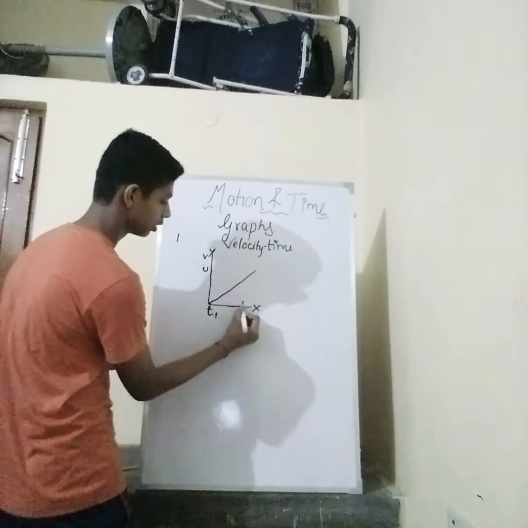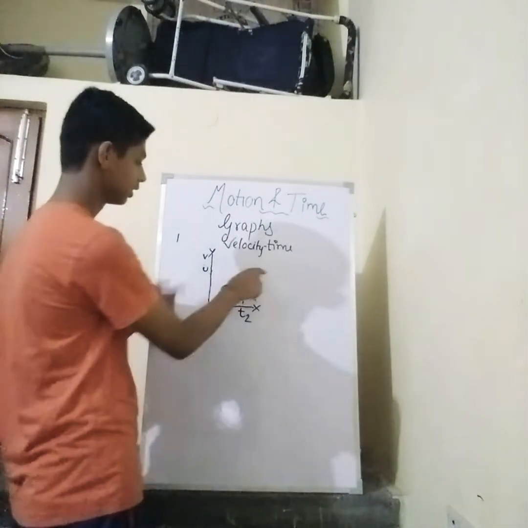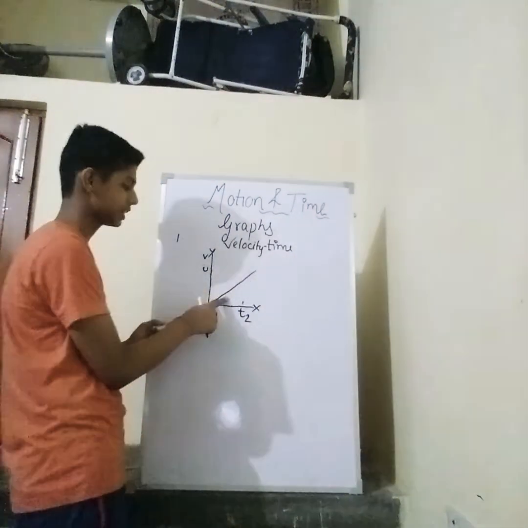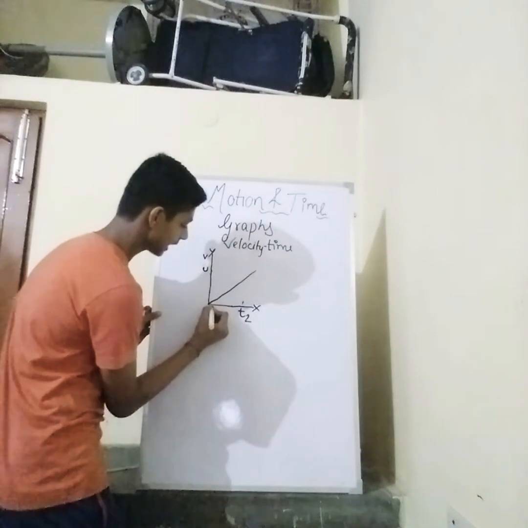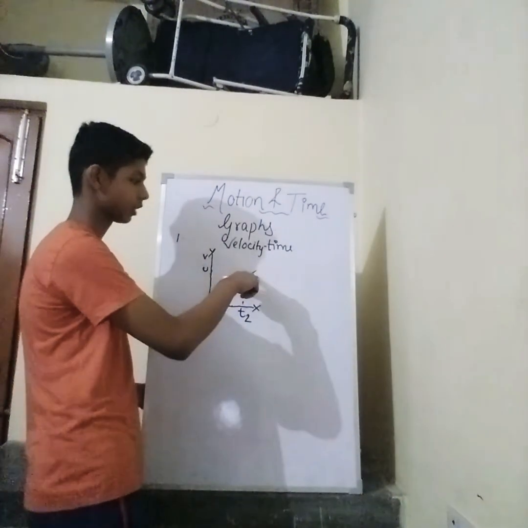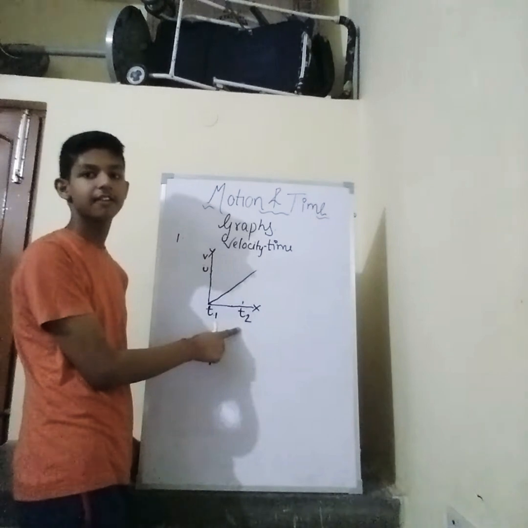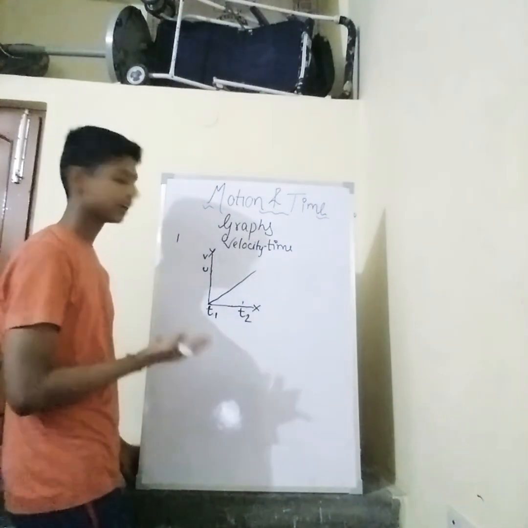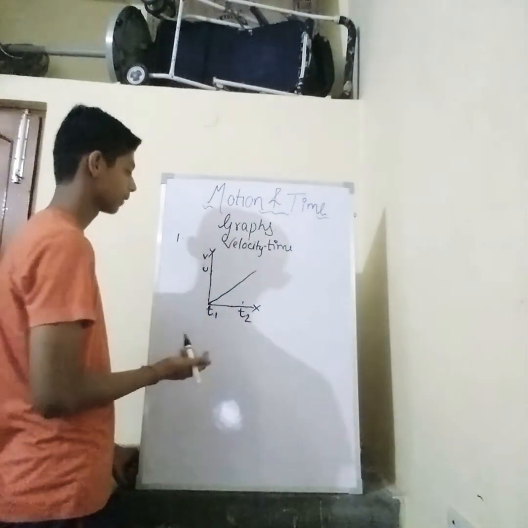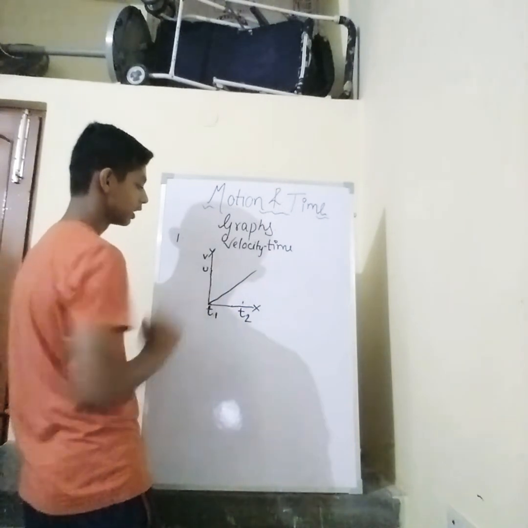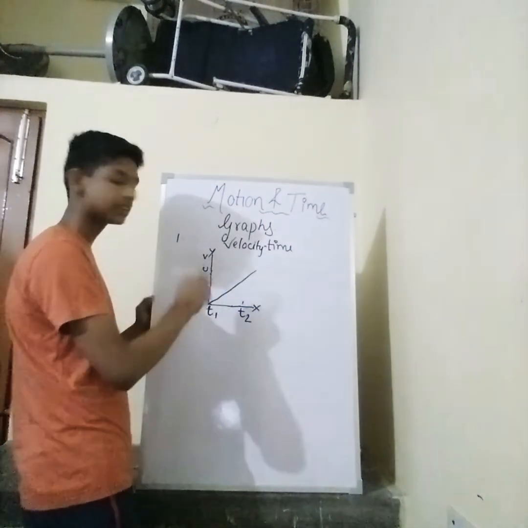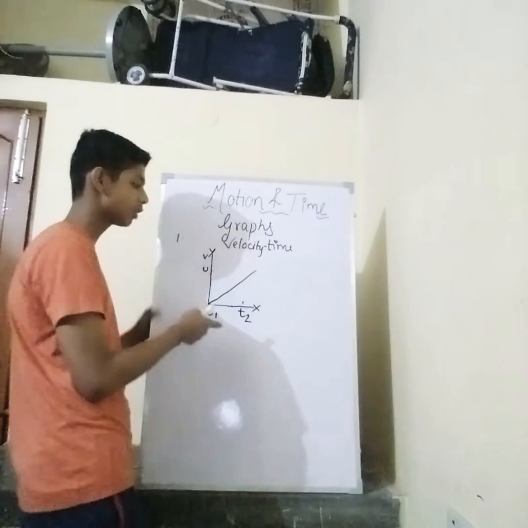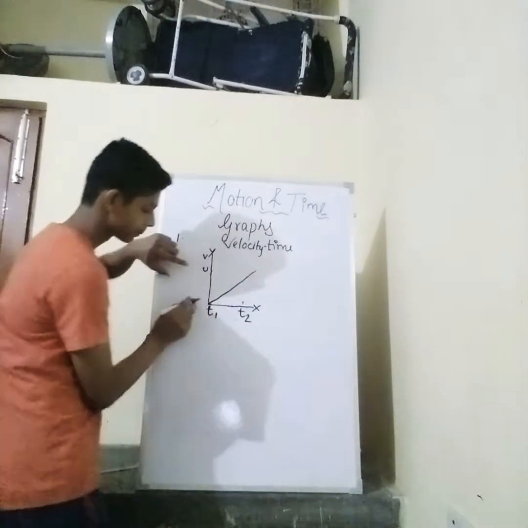So here this is the constant rate of acceleration. We will calculate that the slope of the velocity time graph gives the value of acceleration. The slope of the velocity time graph gives the magnitude or value of the acceleration, like this.